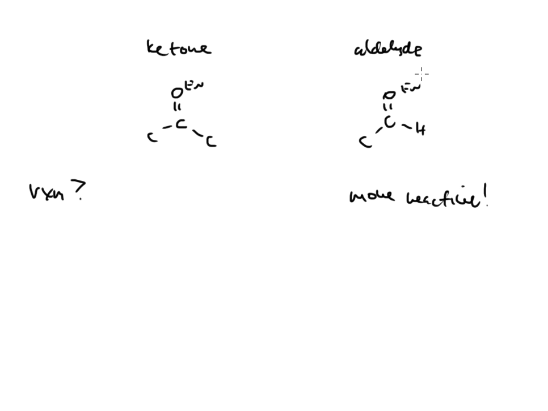All right, so if that's the case, aldehydes have a hydrogen, ketones have two alkyl groups, and out of the two choices, carbon puts up more of a fight. That carbon has a higher electronegativity than the hydrogen does.